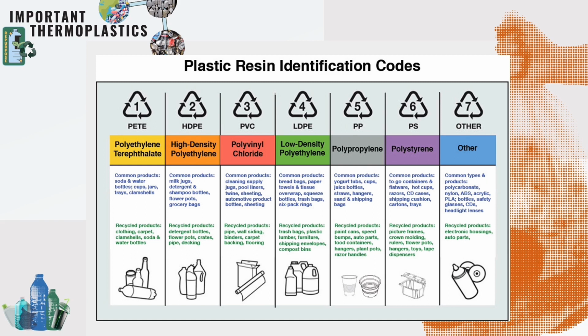Polystyrene. Common products: to-go containers and flatware, hot cups, razors, CD cases, shipping cushions, cartons, and trays. Other common types and products: polycarbonate, nylon, ABS, acrylic, bottles, safety glasses, CDs, and headlight lenses.